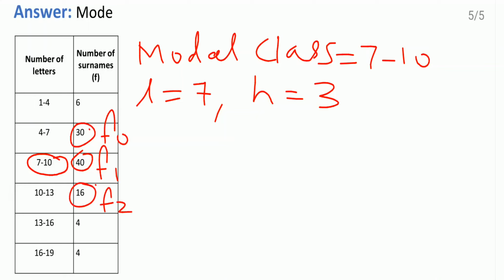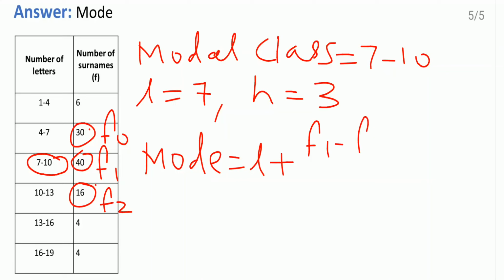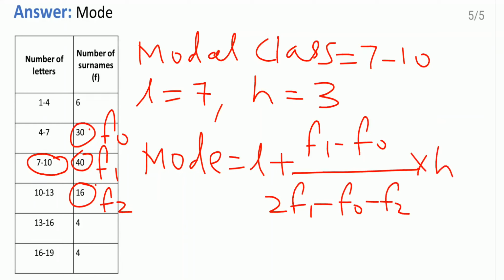Right? Now we'll write down the formula for mode. So here mode is equal to L plus (f1 minus f0) divided by (2 times f1 minus f0 minus f2), into h. Let's substitute the values here.